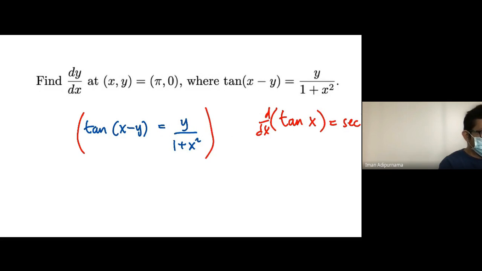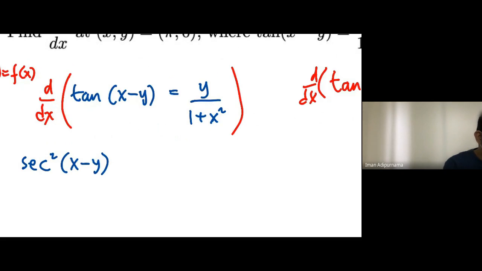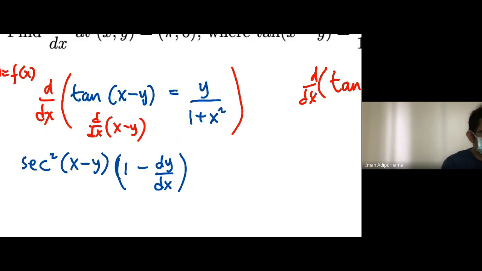That is, if we are having an implicit function where y is a function of x, then this tangent is still secant squared of x minus y, but you need to multiply by the chain rule, right? The chain rule will be the derivative of x minus y, which is 1 minus, let's say, dy dx.